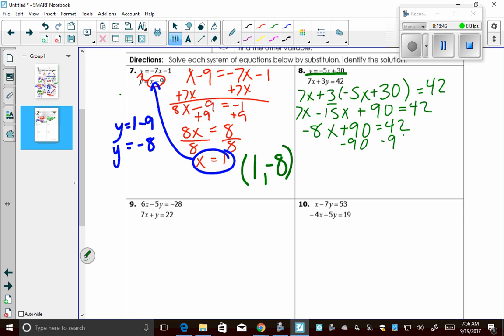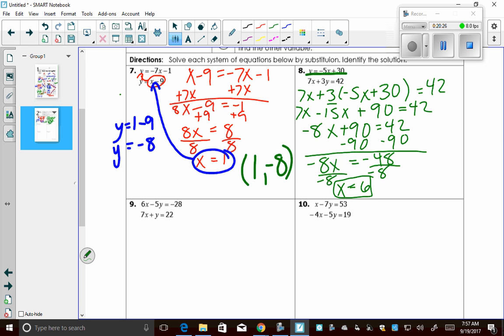Subtract 90. You get negative 8x is equal to negative 50. I'm sorry, not negative 50, negative 48. Then divide by negative 8. So that you get x is equal to a positive 6.